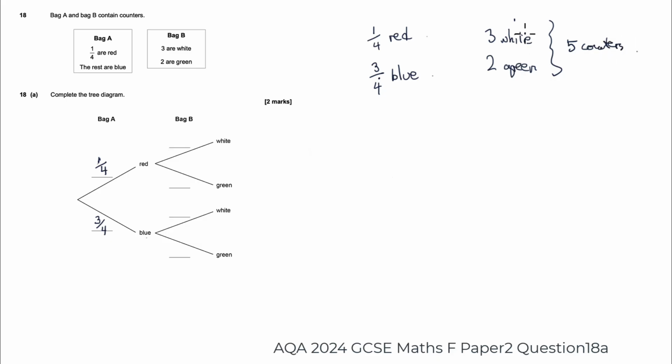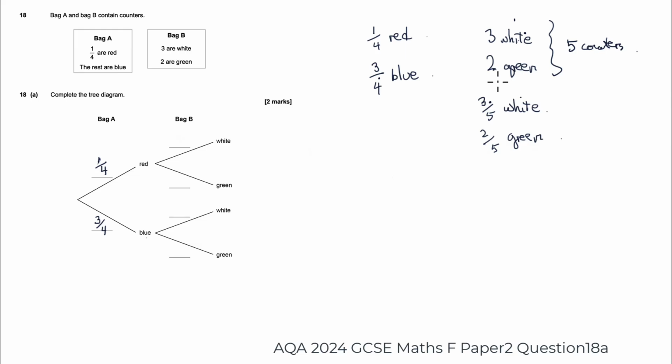So, white counters, what fraction of the counters are white? 3 out of 5. So that's 3/5 white. And what fraction of the counters are green? That's 2 counters out of the 5. So that's 2/5 green.